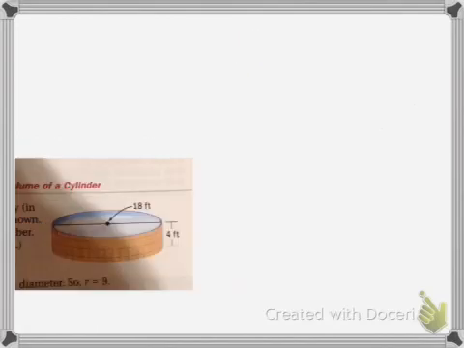Alright, so a swimming pool. A swimming pool is a wide cylinder, but it's still a cylinder. So I'm going to rewrite this. Basically what we had a while ago was pi r squared h. Okay, well, 18 is not your radius.